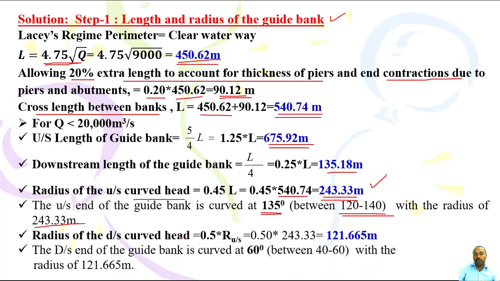Then radius of downstream curved head will be half of radius of upstream. So already you computed radius of upstream, which is 243.33. Then half of that will be 121.665. So the downstream end of the guide bank is curved at 60 degree, already given, between 40 to 60 degree, with the radius of this one already calculated.